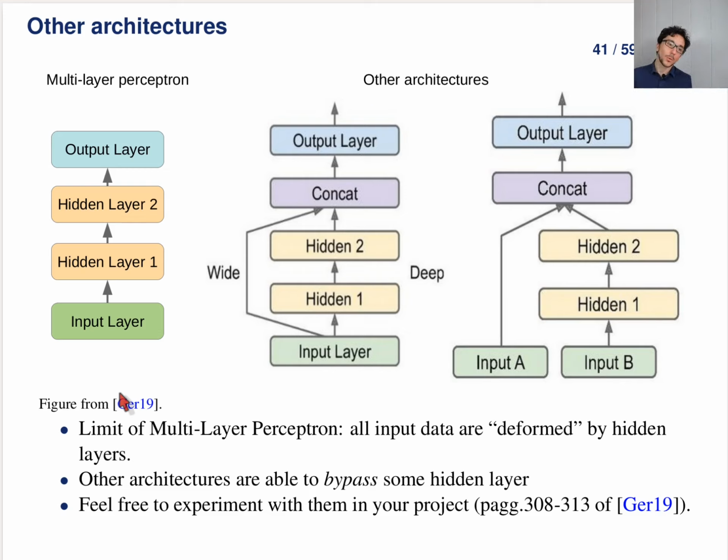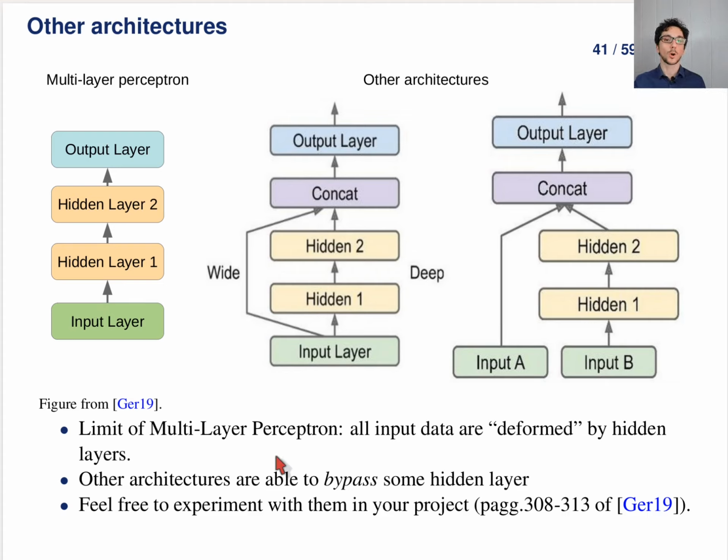Then, so far we have just focused on this simple structure of neural network that is called multi-layer perceptron, in which you have your inputs that go to a certain hidden layer that produces an output, which goes as input into another hidden layer and again into the next hidden layer, and so on and so forth.